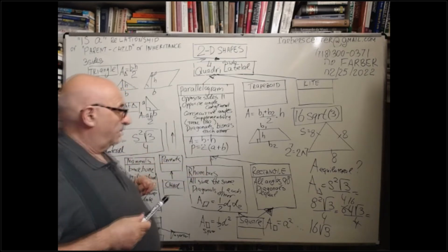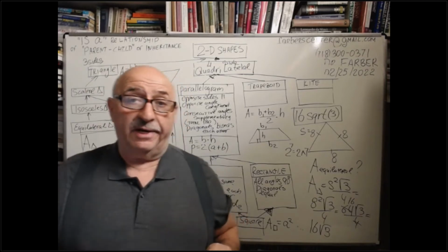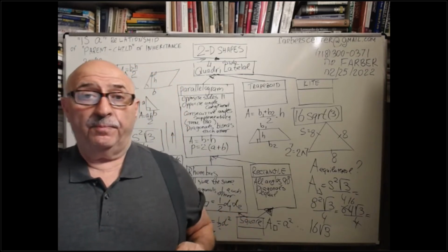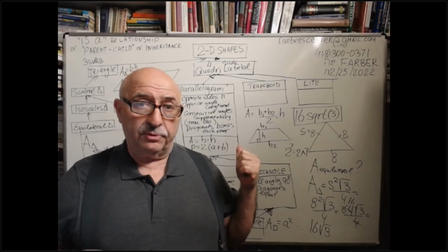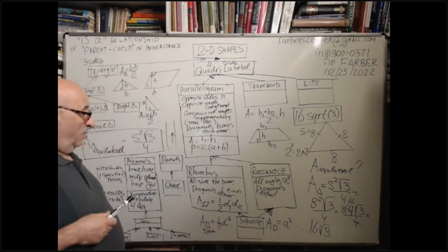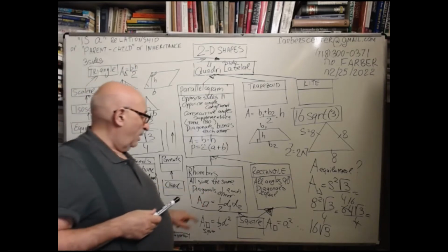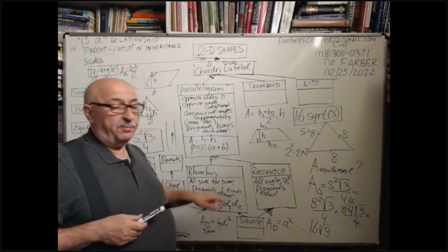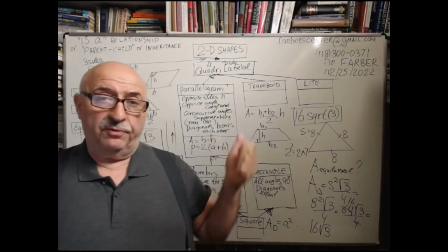But since a rhombus is a parallelogram where all sides are the same, we have extra features which belong only to this rhombus. For instance, diagonals of a rhombus are mutually perpendicular, which we don't have for a parallelogram. That's one feature.